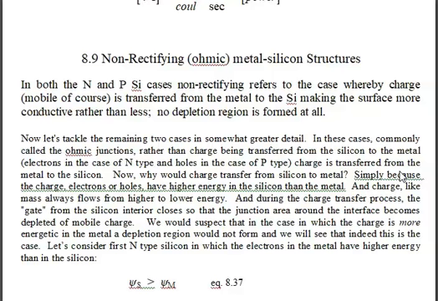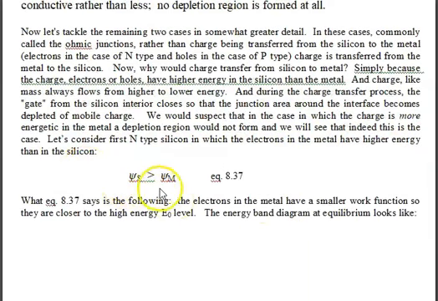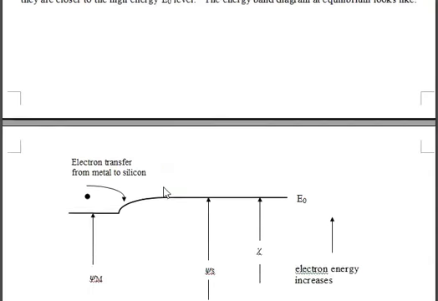So if it's N-type, there are more electrons close to the junction, and if it's P-type, there are more holes close to the junction. And it all depends on the difference between the metal and the silicon work function.